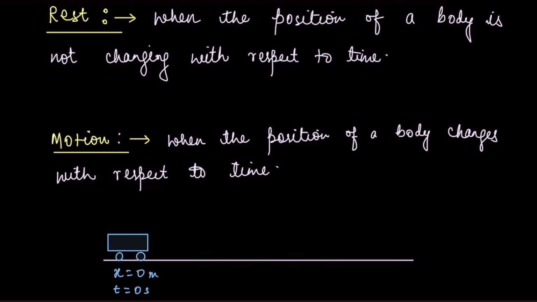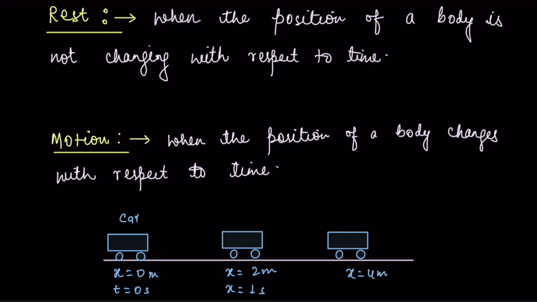If we consider three different positions of the car, here x could be 2 meter when t is 1 second, here x is 4 meter when t is equal to 2 seconds. So what do you notice here? With respect to time, the position of the car is also changing.